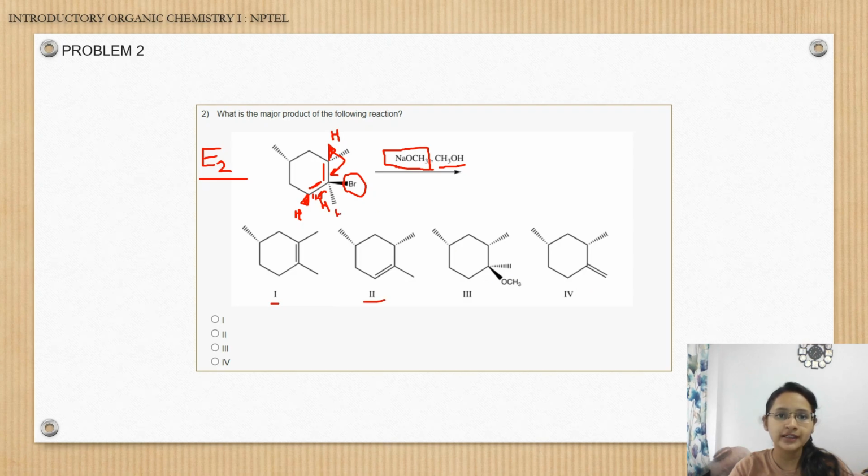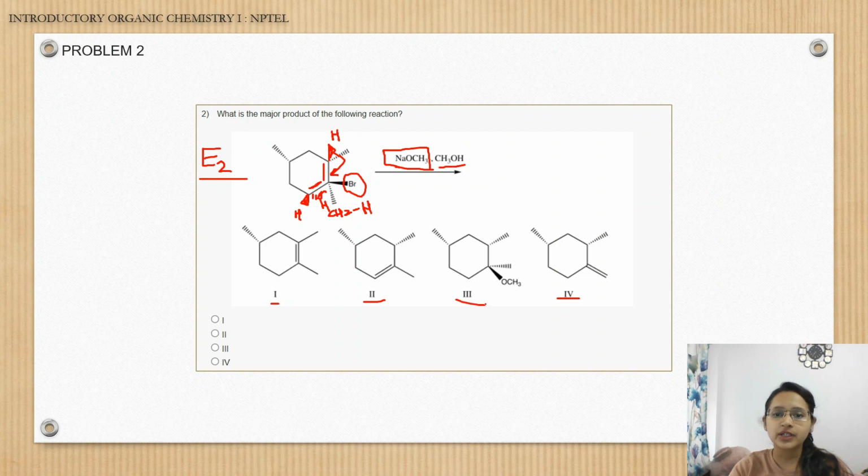How is compound 3 getting formed? This is also a hydrogen that is present and can get abstracted. Basically this is a methyl, so there is CH2 and H. After removal of this proton, they are claiming that this exocyclic double bond can get formed.